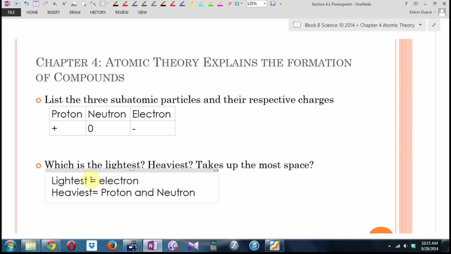Which one takes up the most space in the atom? Ooh, this one's a bit more obscure. Actually, it turns out the electrons do. We actually think that electrons behave sort of like clouds. Electrons are some of the weirdest things in the universe. They're particles like dots; you can treat them that way mathematically.